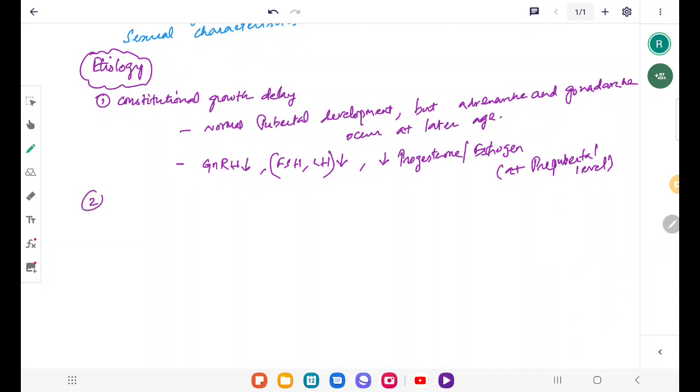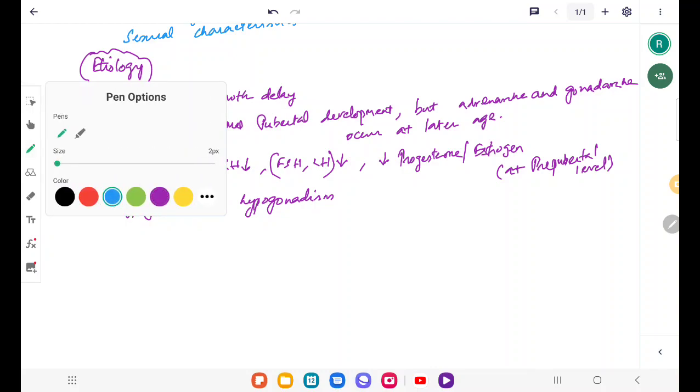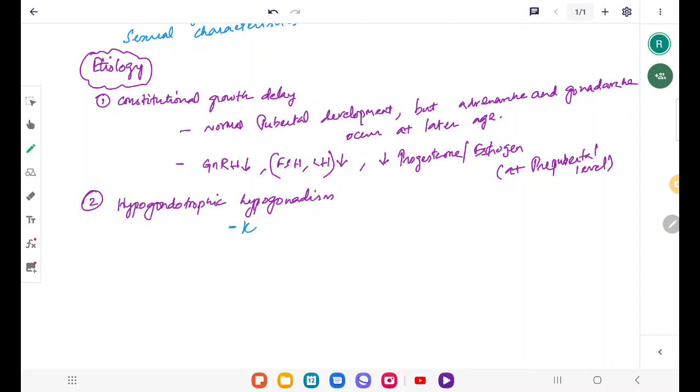And now there is another cause, which is hypogonadotrophic hypogonadism. Some examples include Kallmann syndrome, and it could be central nervous system tumors, right?